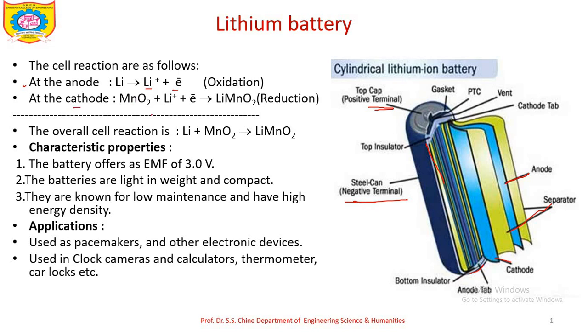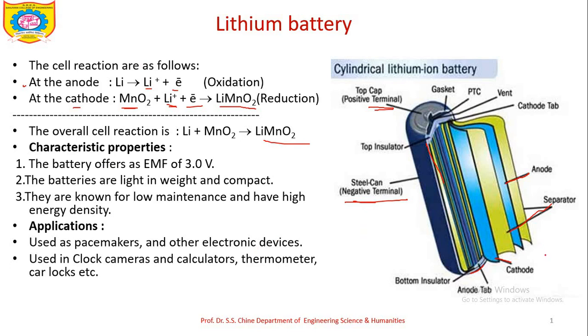Then at the cathode, manganese oxide is our cathode, on which there is a reaction: it accepts this lithium plus and electron and undergoes reduction to form lithium manganese oxide. The overall reaction is simply lithium plus manganese oxide gives lithium manganese oxide.